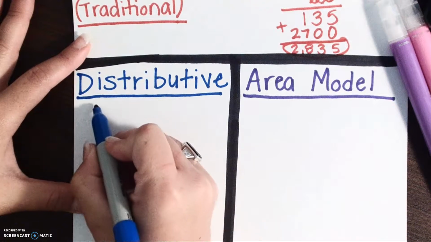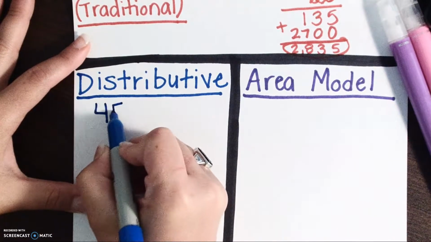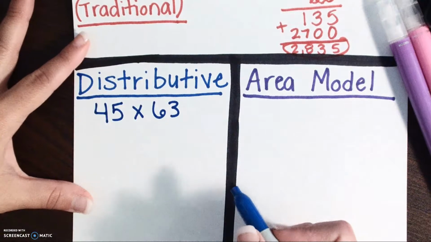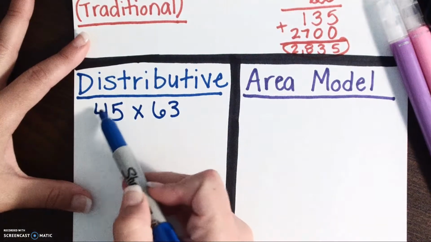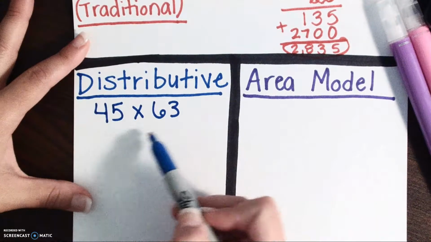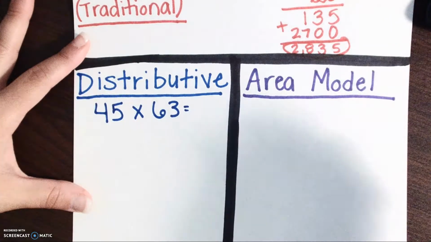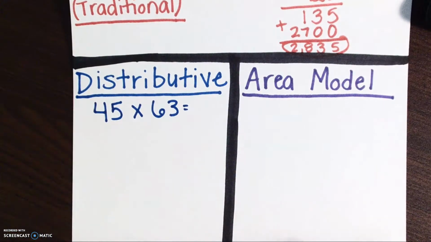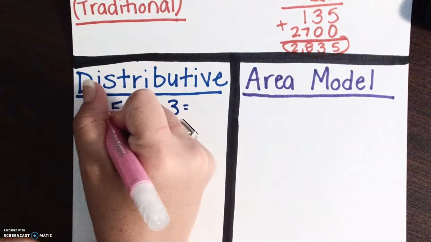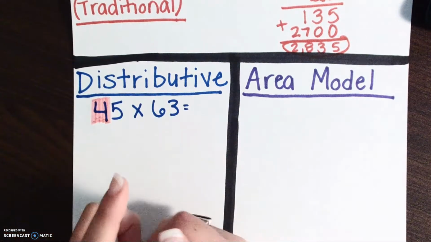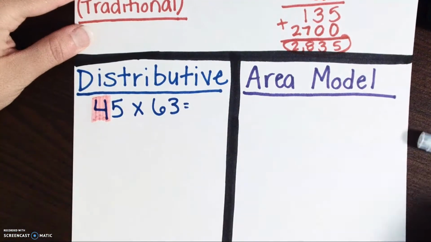All right, I'm still going to do my same problem, 45 times 63. With distributive, we're going to be distributing this 10's place and this 1's place to both numbers over here. And we're going to start with the 10's place. So I'm going to use one of my markers. And I'm going to highlight this 4. Okay, that's what I'm going to start with, okay, with my distributive property.